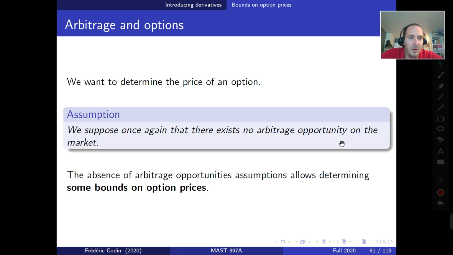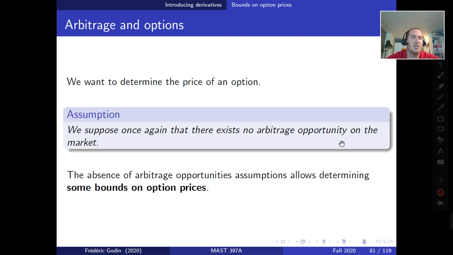Then we might wonder, is it possible to obtain the same results for options? By saying there's no arbitrage, do we get a single possible value of the premium? And the answer is no. Just assuming the absence of arbitrage is not sufficient to determine uniquely the value of the premium, but we're going to see that we can still achieve some results, which is we can get bounds on the premium of options from assuming the absence of arbitrage.